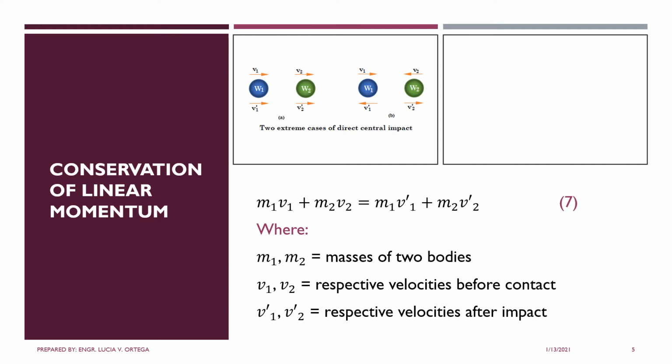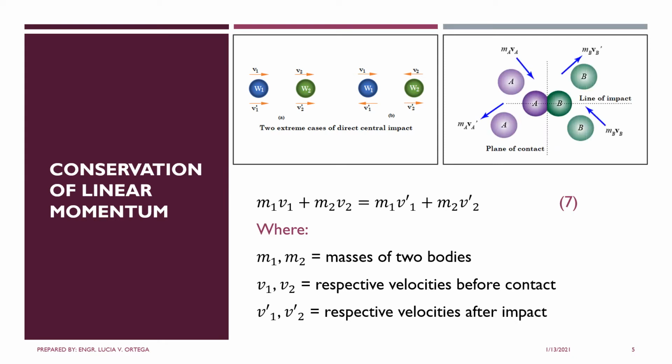After impact, they will have other values of velocities. Or, for case B, the two bodies are moving in opposite directions. You see v1 and v2 in the diagram. After impact, when they collide with each other, they may be moving in the same direction or in opposite directions. So that is the velocity after impact, and that is direct central impact.